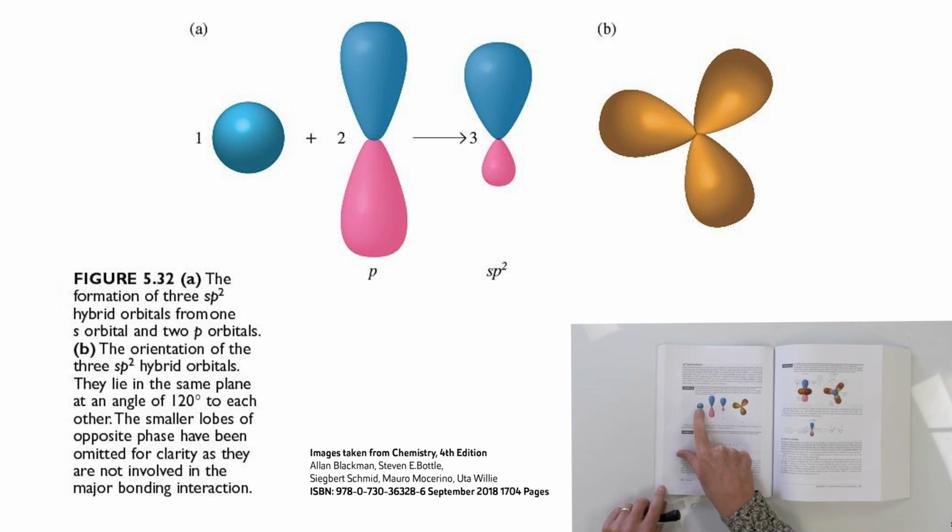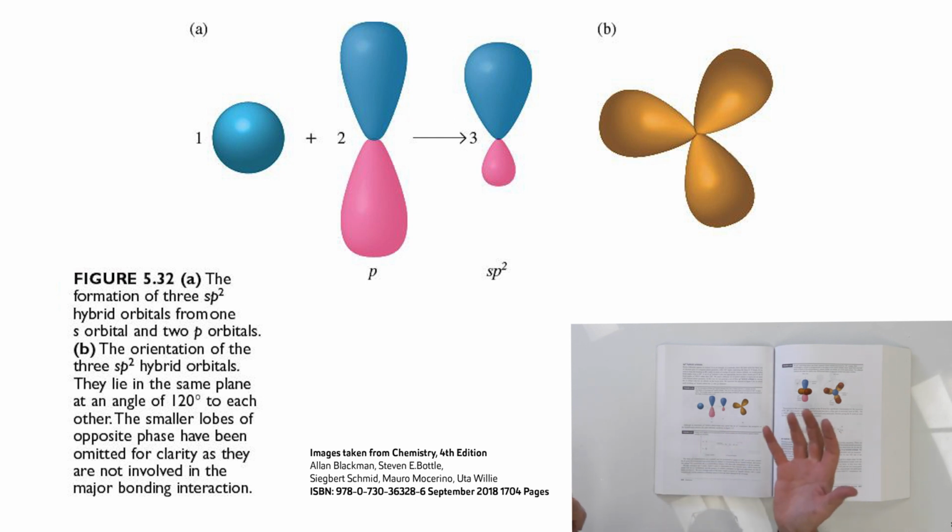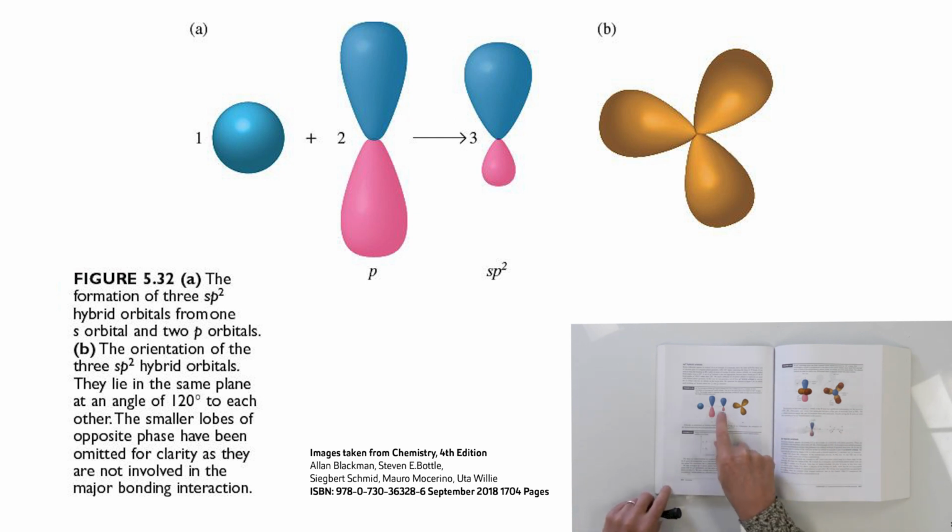We're plopping our s orbital into the middle of that essentially and dividing by 3, mixing them up, and now you end up with 3 sp² hybrid orbitals. And again, neglecting that little lobe, which just complicates things, we now arrange these at 120 degrees around the central carbon atom, like so, okay?